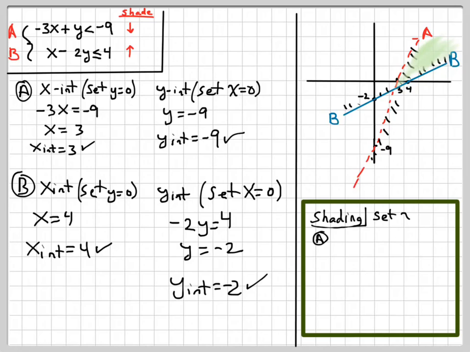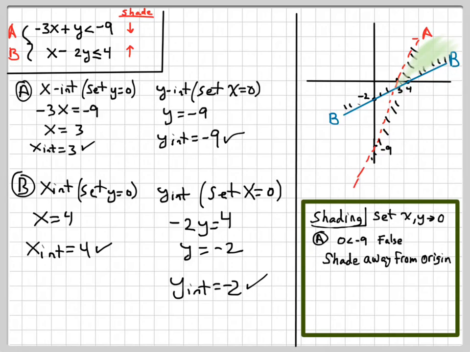Now, I mentioned a different way of finding out whether to shade on top or below, and that is by plugging in a point that's not on the line. A lot of the times you'll be able to use the origin as that point, plugging the x value of that point and the y value of that point into the inequality.